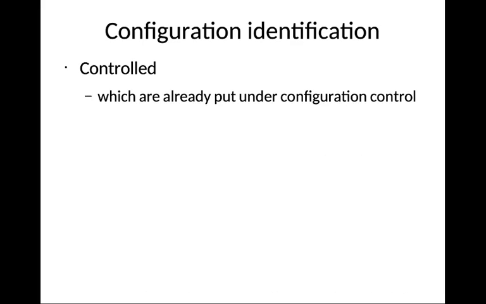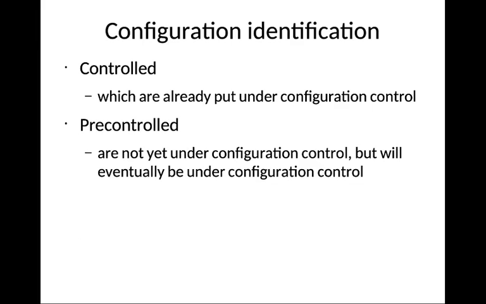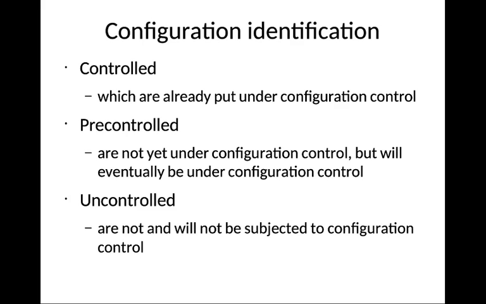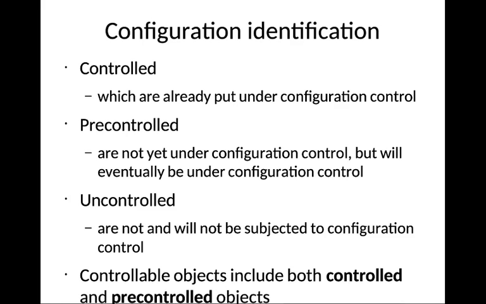Pre-controlled objects are not yet under configuration control, but will eventually be under configuration control in later stages. The third type is the uncontrolled object. These objects are not subject to any configuration control, and will not be subjected to any configuration control.